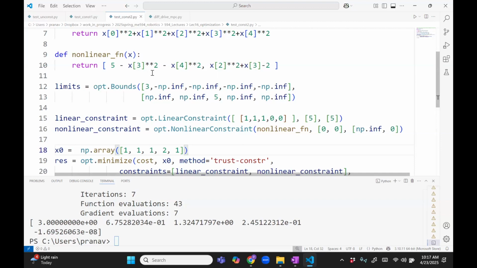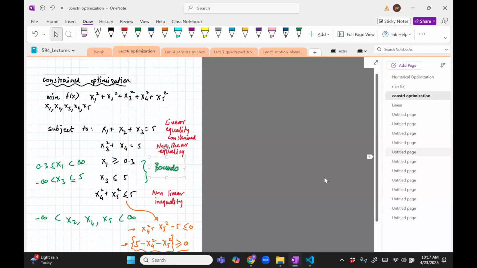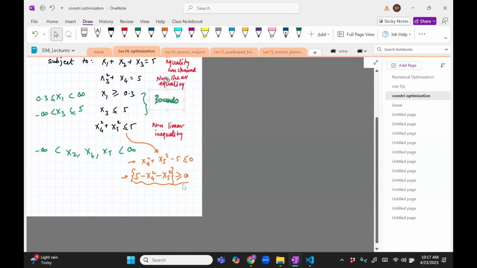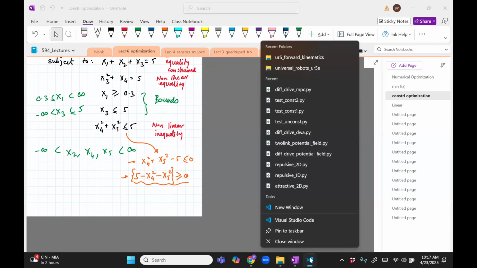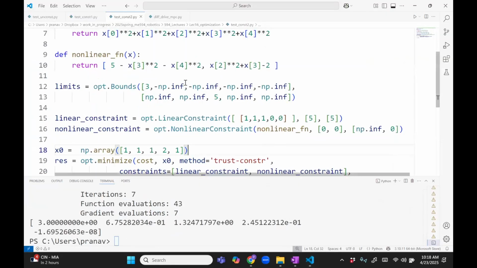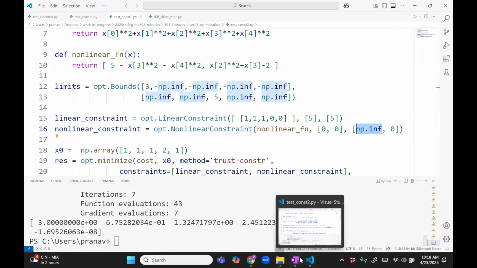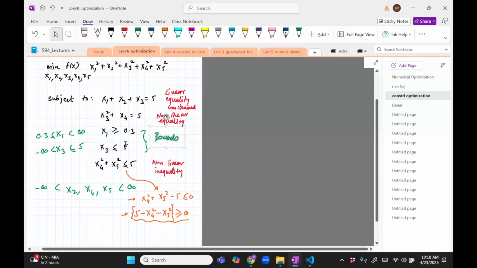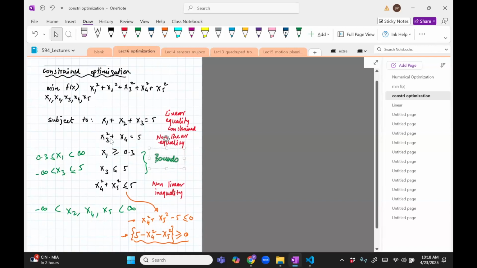So remember that this we wrote down is greater than 0, so it can take a value from 0 all the way to infinity. Accordingly, this is specified. The first one is specified with a lower bound of 0 and upper bound of infinity. The other nonlinear constraint is this one, because there's a square.